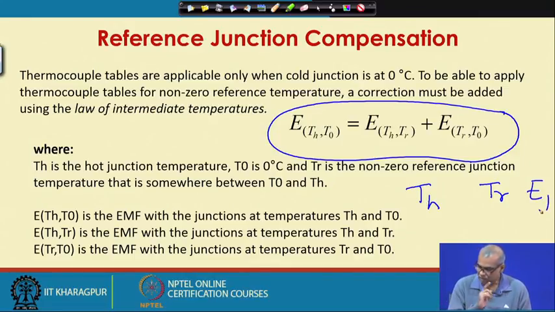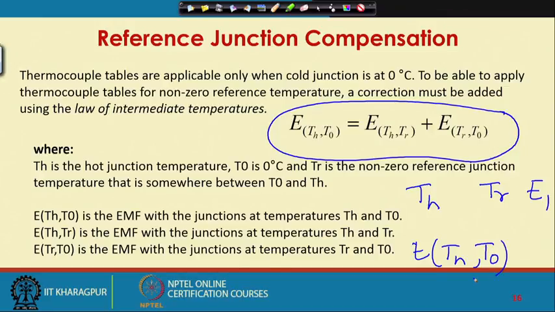Now, the thermocouple EMF table will give you the EMF for Th with respect to T0, which is 0 degree Celsius. So, you need to know the EMF between thermocouple junction temperatures Tr and T0. If this is E2, you see that this will be E1 plus E2, according to the law of intermediate temperatures.